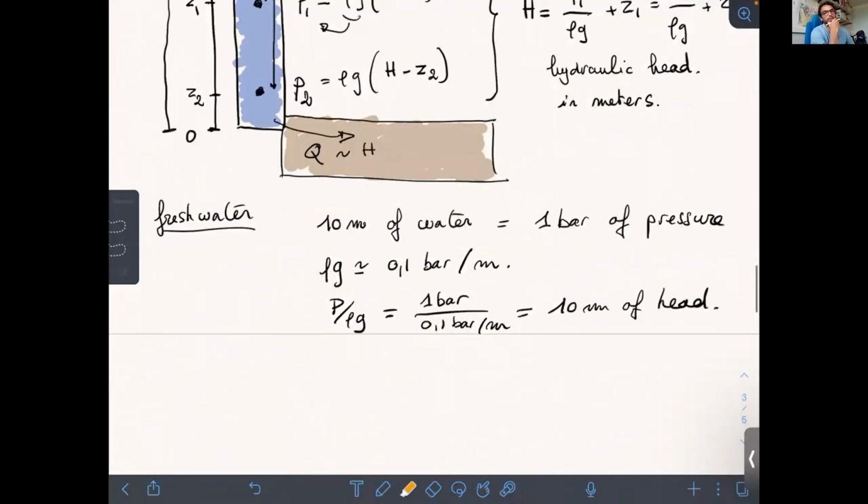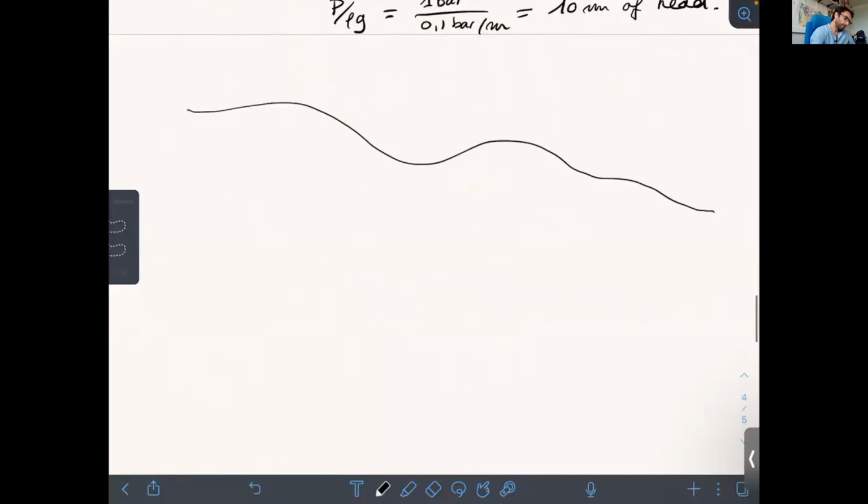How do we measure the pressure inside the rock? Okay, good question. Typically, at the surface like this, how we measure the pressure is we drill a borehole.